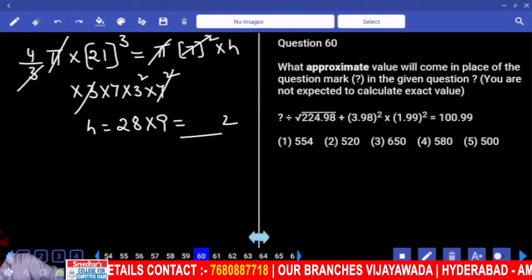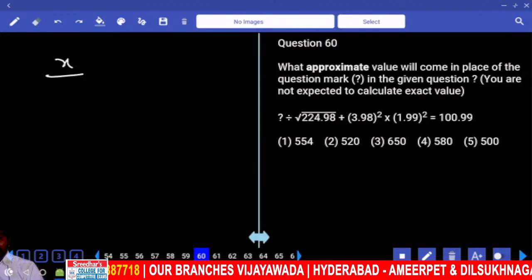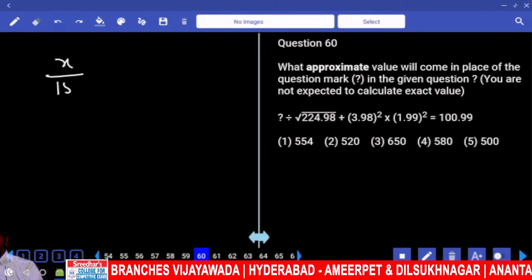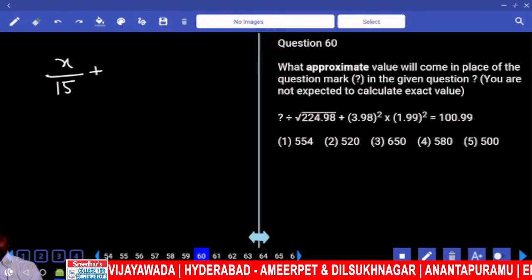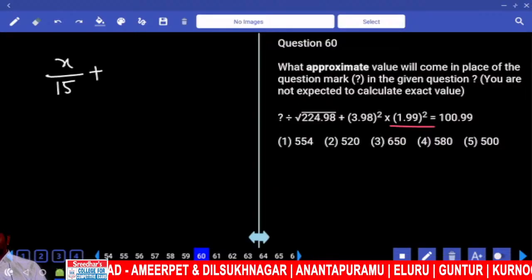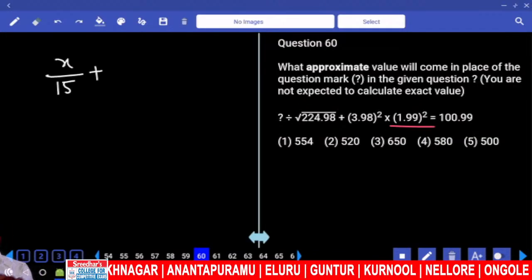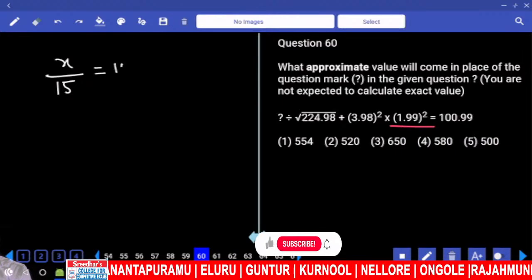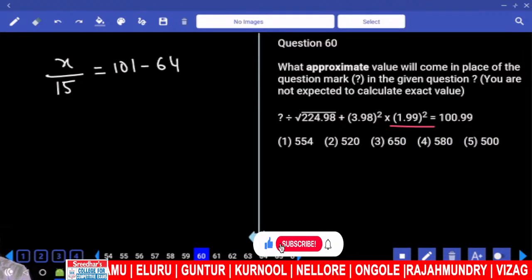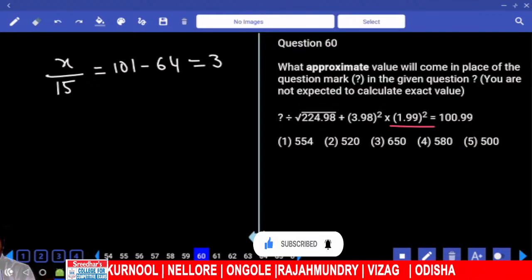Approximations. X divided by 15 plus 4 square into 2 square. 16, 4 times double. 64 goes to the right hand side. 101 minus 64, that is equal to 37.